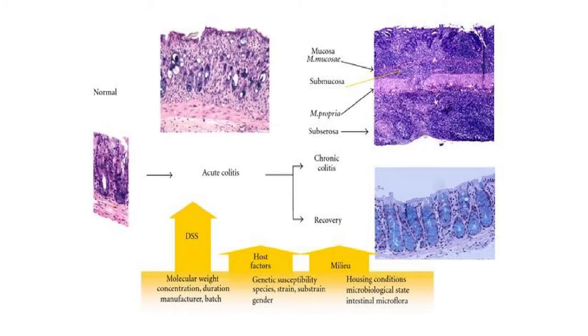Now we are developing another new model. It's well known that two hits for the carcinoma to develop. At least two hits. One is inflammation, TNF alpha.